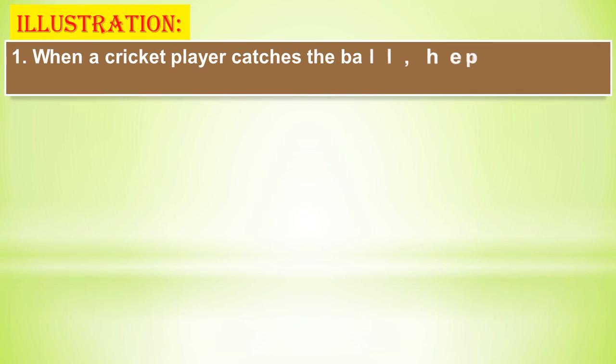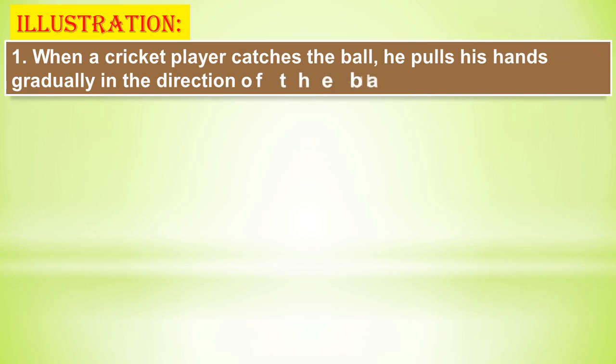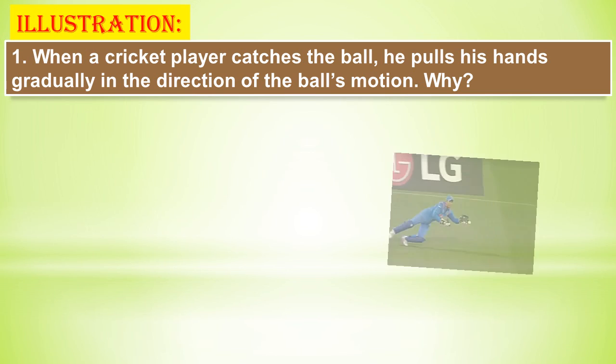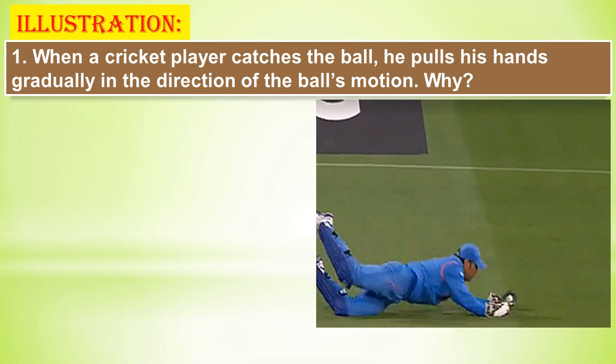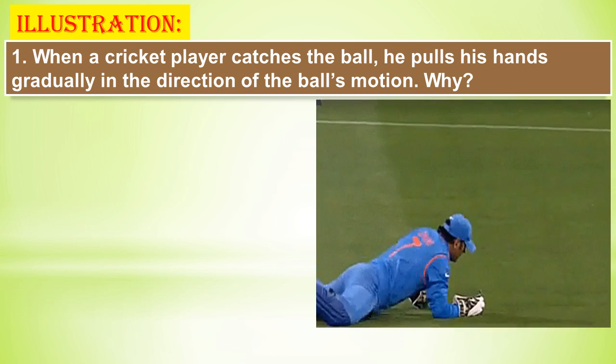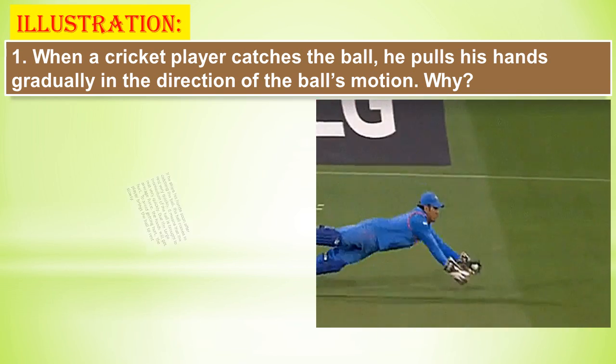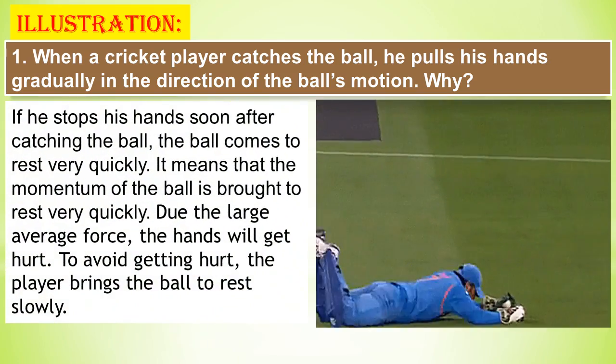Let's have some illustrations and some basic questions about this impulse. First question: when a cricket player catches the ball, he pulls his hand gradually in the direction of the ball's motion. Why? This question arises even from cricketers and normal people who are residing with us. Let me answer this question.